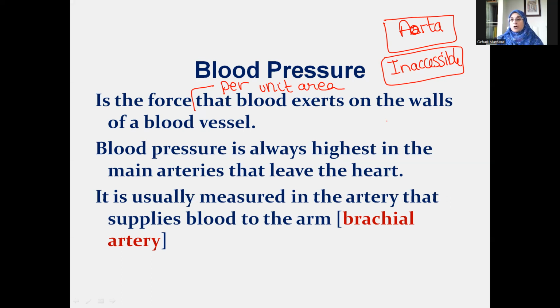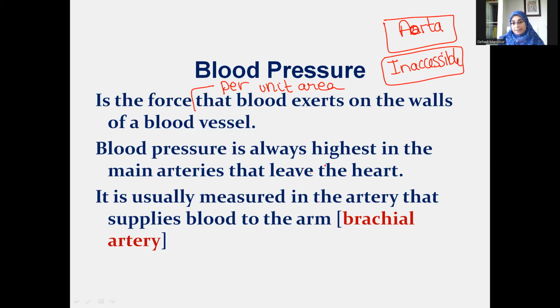Actually, the brachial artery is one of the branches of the aorta that is still very close to the heart. And usually we measure on the left side because the heart is inclined to the left, and therefore the left brachial artery would be more representative than the right brachial artery.